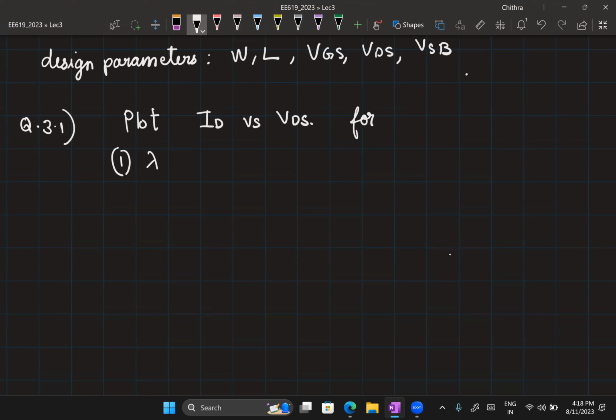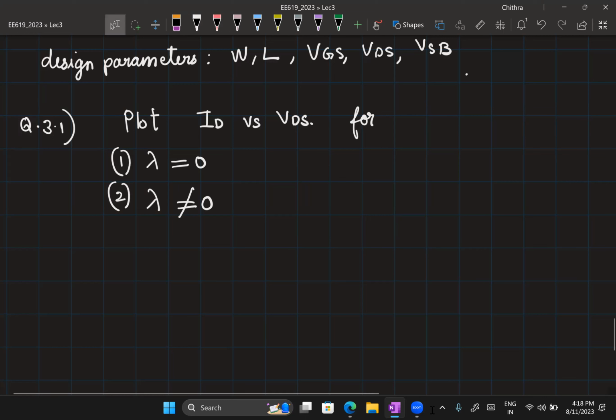One case is where the lambda is equal to 0, that is channel length modulation is 0. Second case where channel length modulation is not equal to 0. Can you do the plot? You don't have to consider velocity saturation.